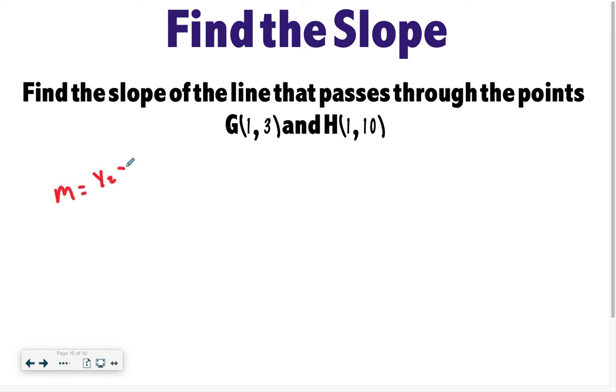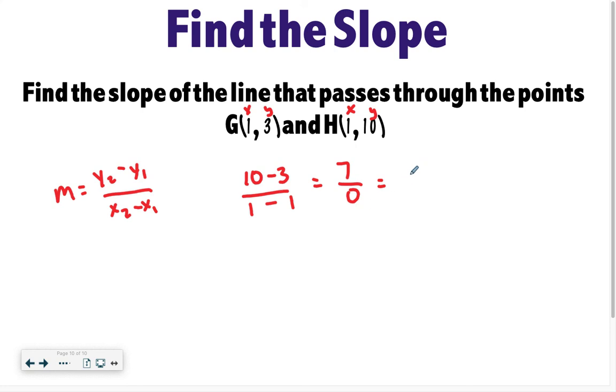Again, I'm going to subtract my y's over my x's. And then I have 10 minus 3 over 1 minus 1. I get 7 over 0. Now if you plug 7 divided by 0 into your calculator, you are going to get an error.